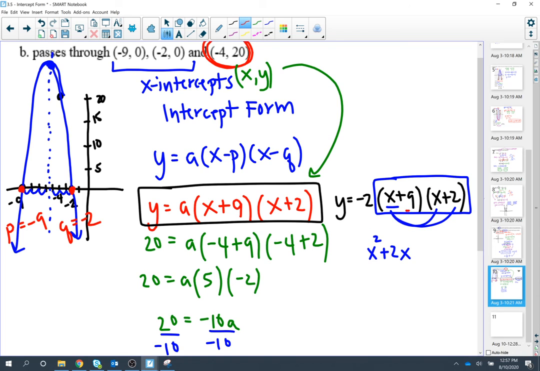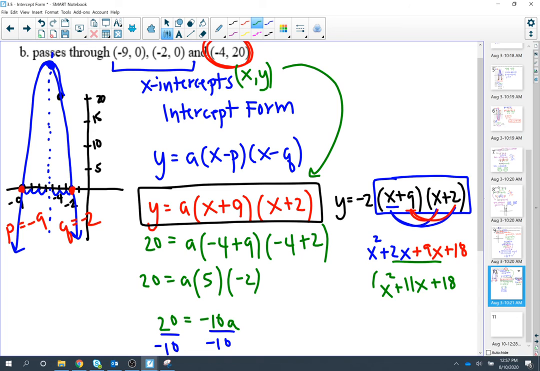Then I'm going to go to my 9 times x, 9x, 9 times 2, 18. Combine like terms, 9x plus 2x, 11x, and then drop down your plus 18 and your x squared.